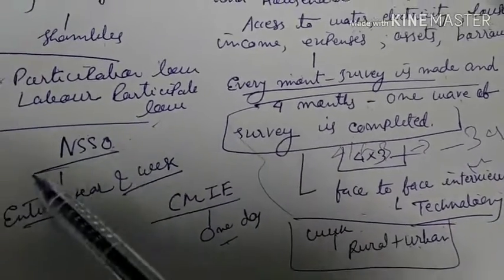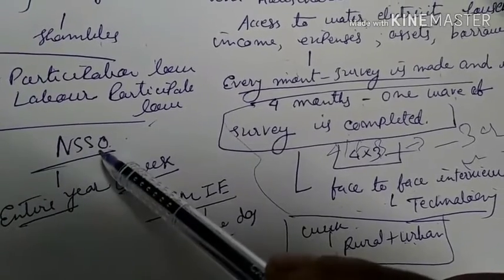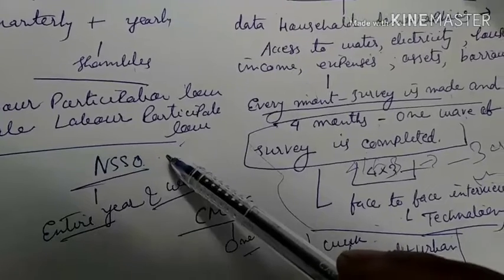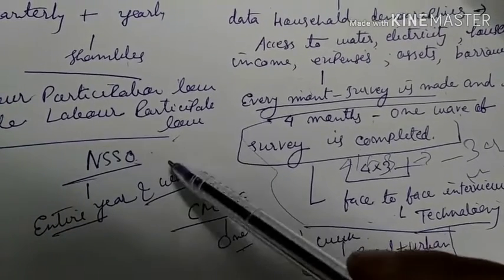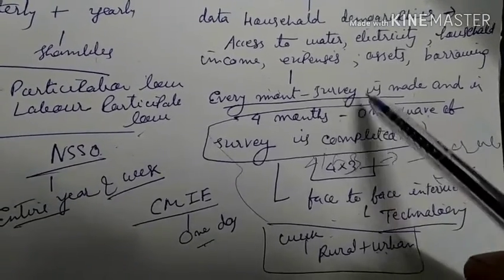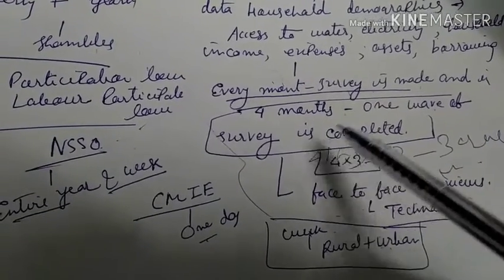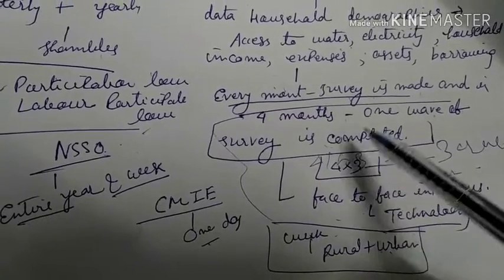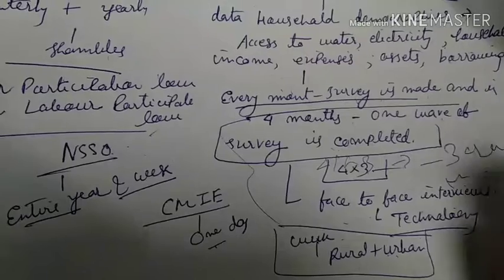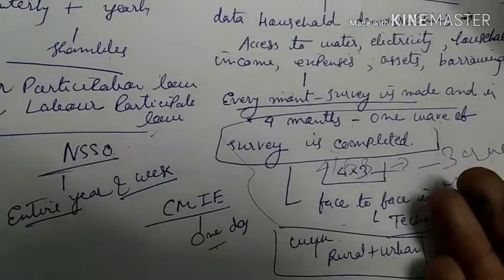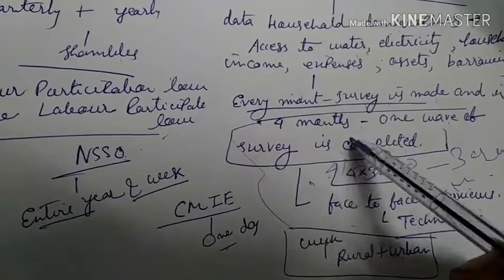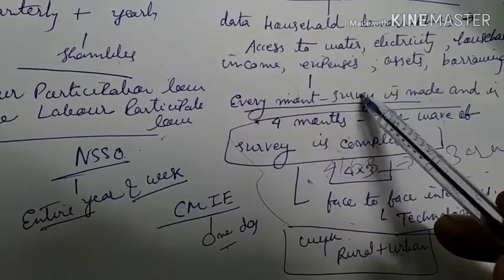In this way, in comparison to the National Sample Survey of India, whose data is published quarterly and yearly, this private enterprise publishes data every 4 months in a year, thereby revealing more unemployment data and more information for government policies. This is one efficiency of this private enterprise.